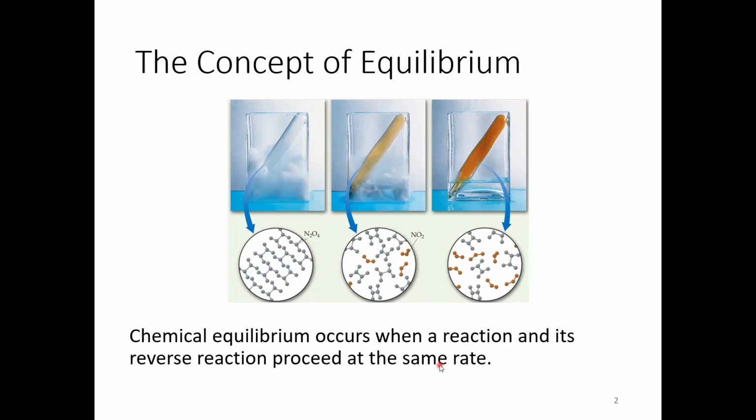So typically, we only think about reactions going in one direction. So in this case, we could take the N2O4, convert it into NO2. That's why we're starting to get that orange-brown color being produced, because we're starting with just the N2O4, having it convert into NO2.